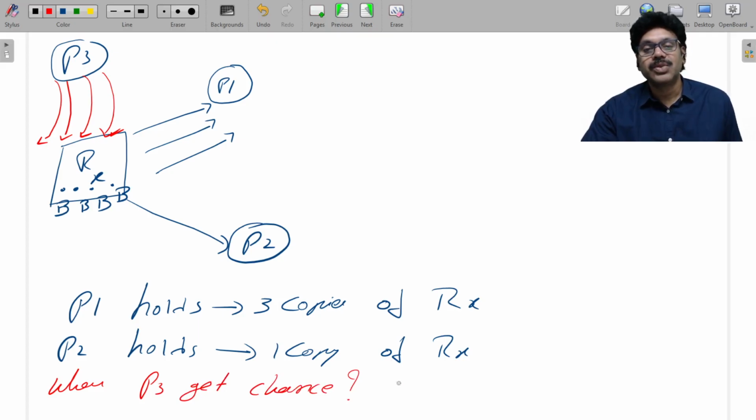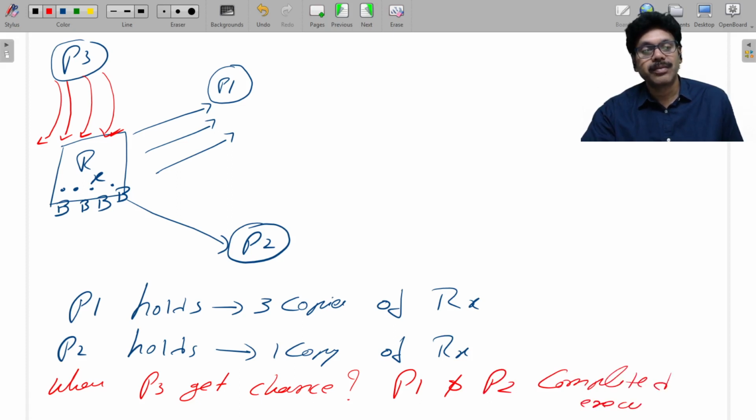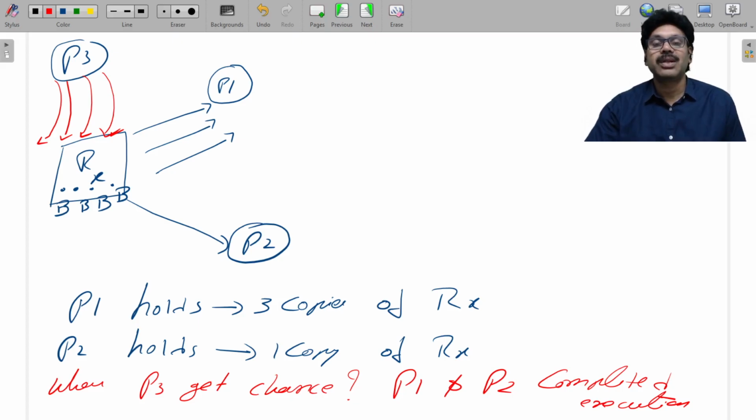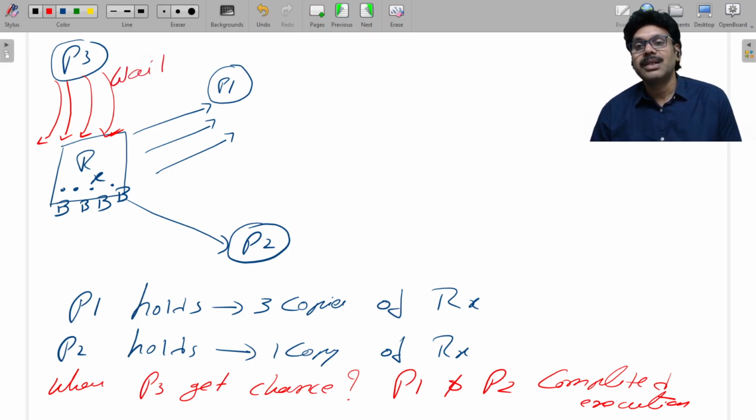Soon after P1 and P2 complete execution, then P3 gets a chance, because once they have completed their execution, the resources will be deallocated and can be assigned to P3. In this case, P3 is going to be in the waiting state.